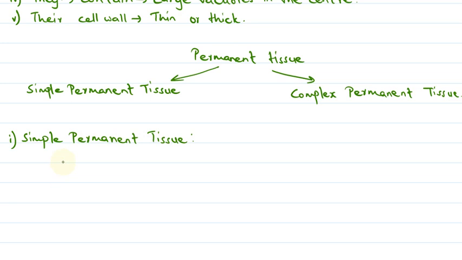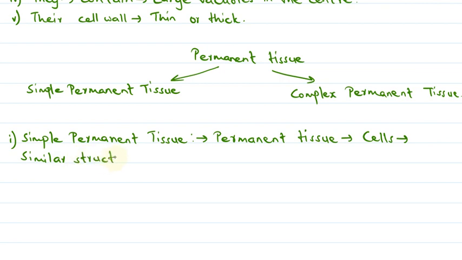The permanent tissues in which the cells are similar in structure, origin and function are called simple permanent tissues.